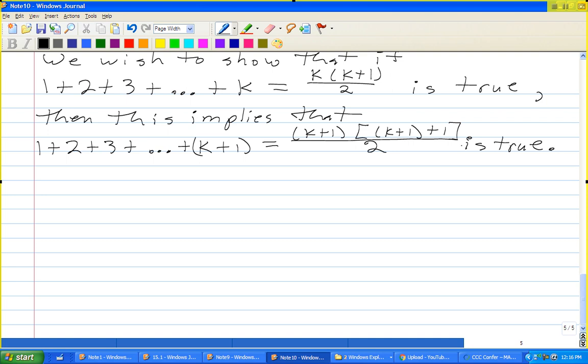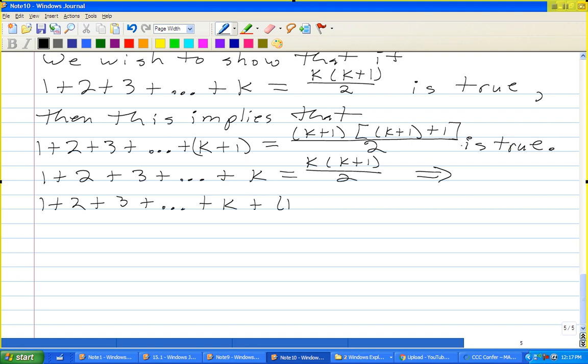And so, well, my induction hypothesis stating that this is true implies that, well, 1 plus 2 plus 3 plus k plus 1, so I just go out one further, is equal to, well, this I know is equal to k times k plus 1 over 2.